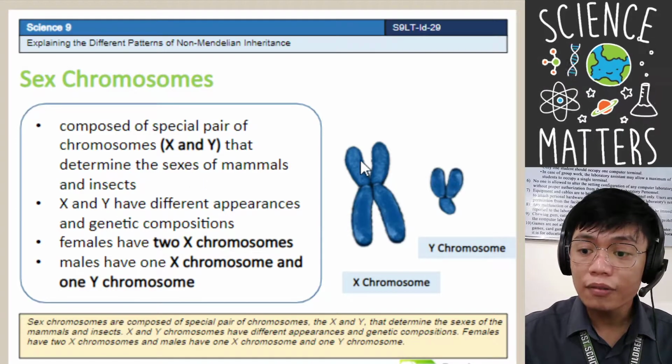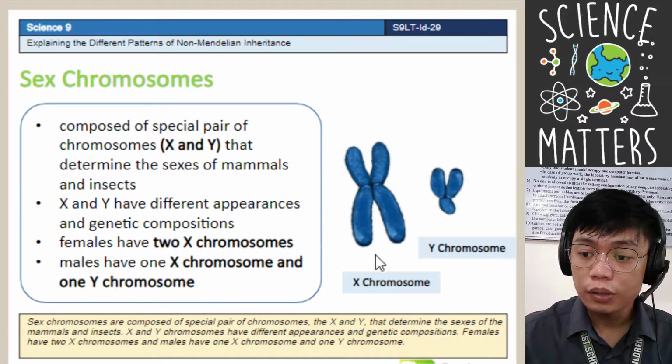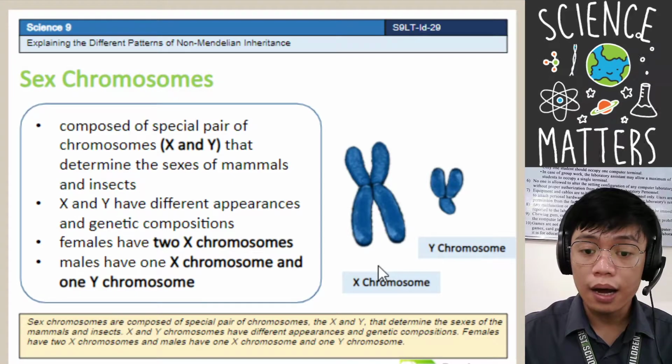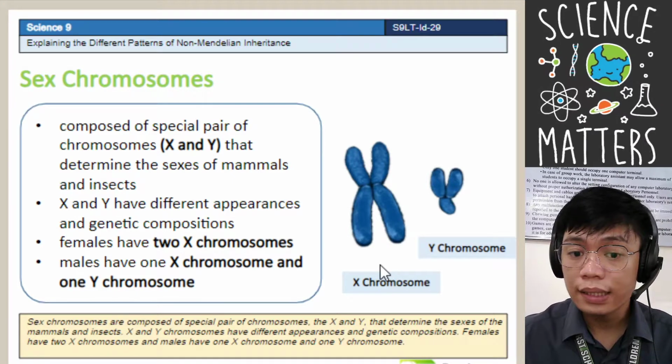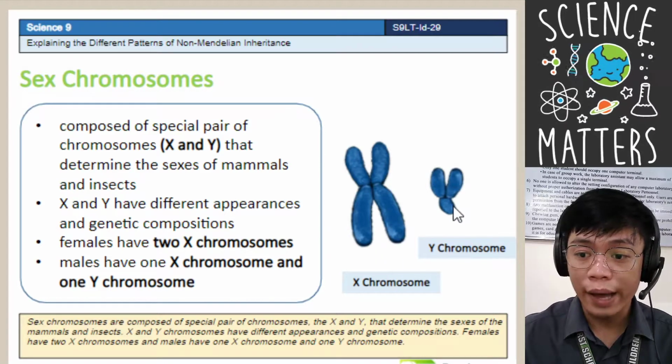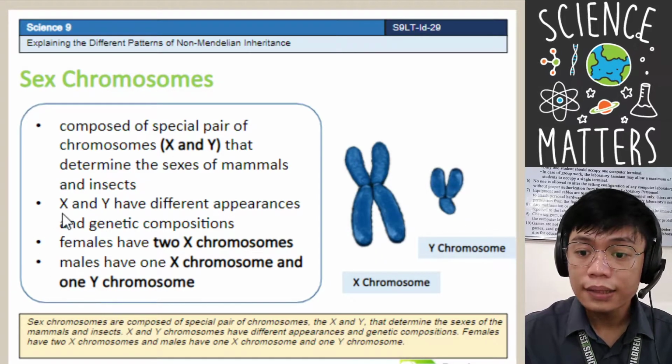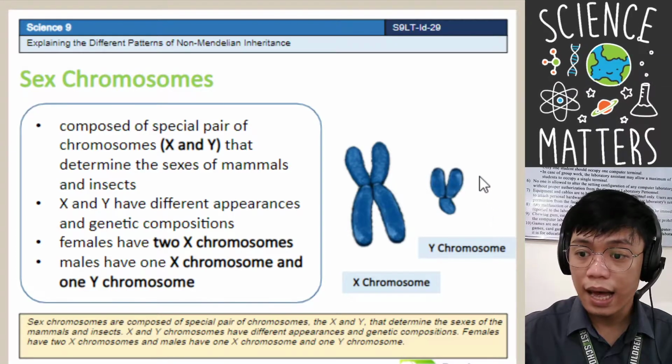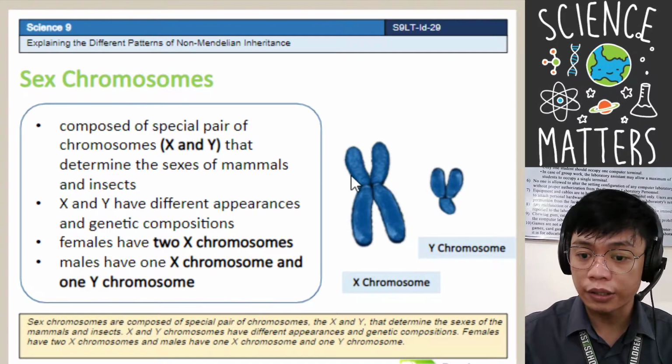So we have the X chromosome. The illustration here presents the structure of the X and the Y chromosome. The X and Y have different appearances and genetic compositions, as illustrated here.